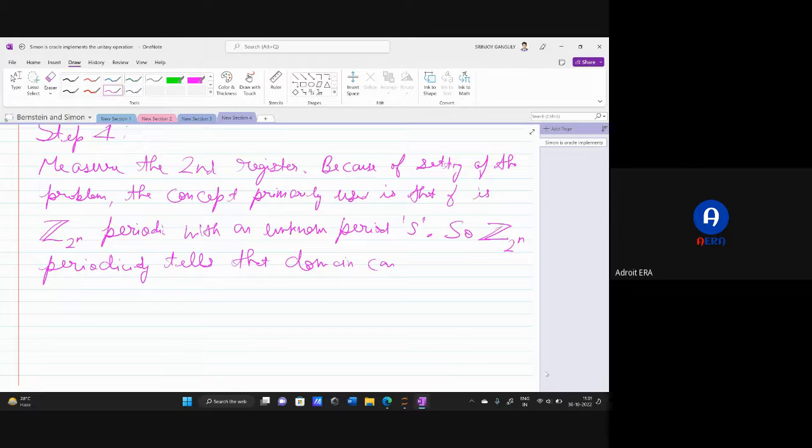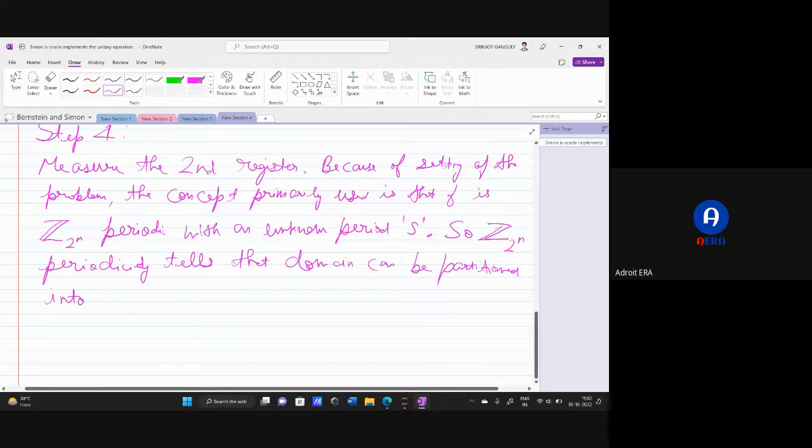That domain can be partitioned into two disjoint sets. If you do not understand, you do not need to get frustrated about this too much. This is just a glimpse of where the concept of the hidden bit string comes from, the rule we have written, x1 XOR x2 is equal to s.